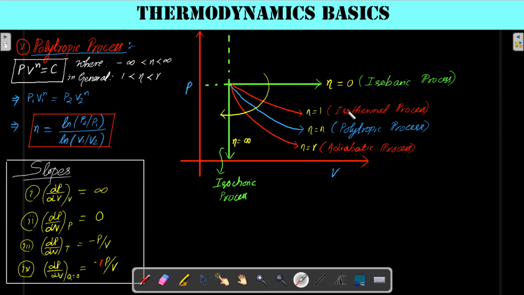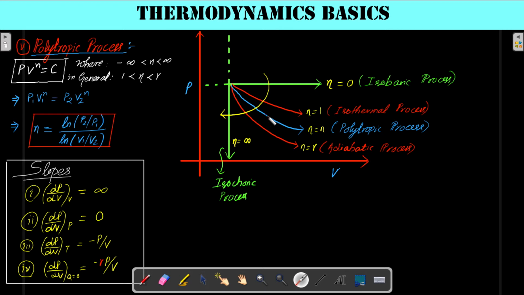This one is the isothermal process, constant temperature, where PV equals constant and n equals 1. This one is the adiabatic process, where n equals gamma, and in the polytropic process n equals n. The slope of the adiabatic process is steeper than the isothermal process.